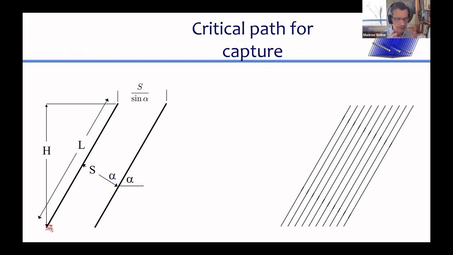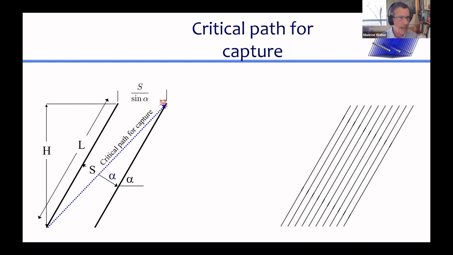So here's the critical path for capture. You saw it two slides back. There it is. That's what a particle is going to do that we just barely capture. Okay, so that's the path that the particle actually takes.